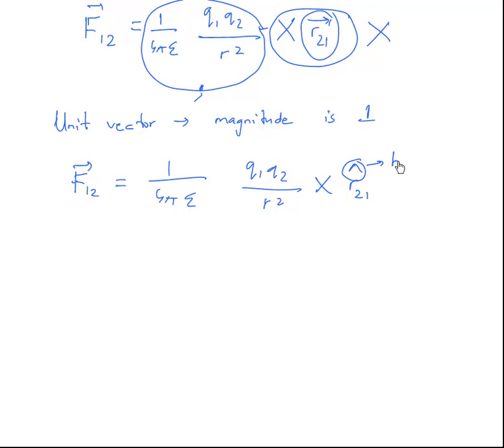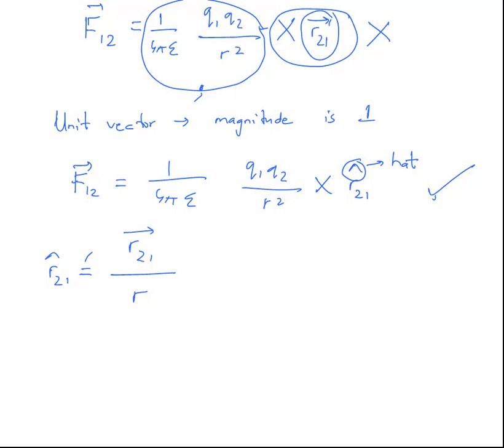Note this little hat. A hat on top of any vector tells you that it's a unit vector. How do you obtain this unit vector? The way to obtain a unit vector is to take your original vector and divide it by its magnitude.